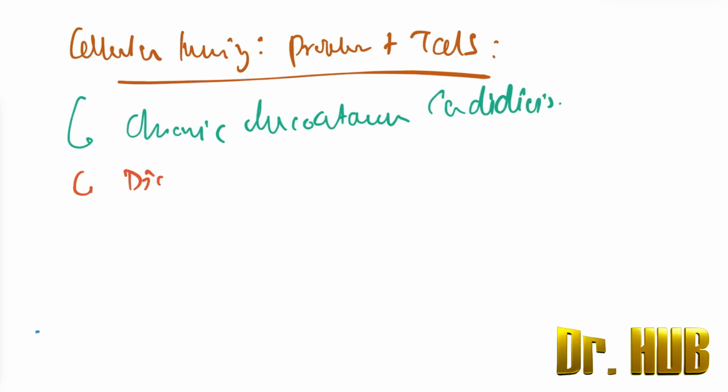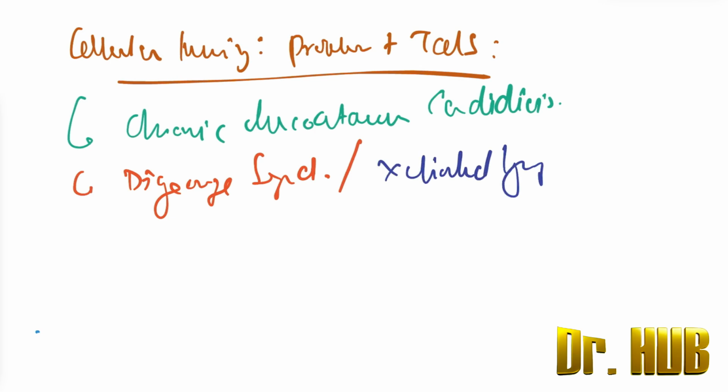Next it also includes DiGeorge syndrome. Then it also involves X-linked lymphoproliferative syndrome. So in cellular immunity, problems with the T cells include chronic mucocutaneous candidiasis, DiGeorge syndrome, as well as X-linked lymphoproliferative syndrome.